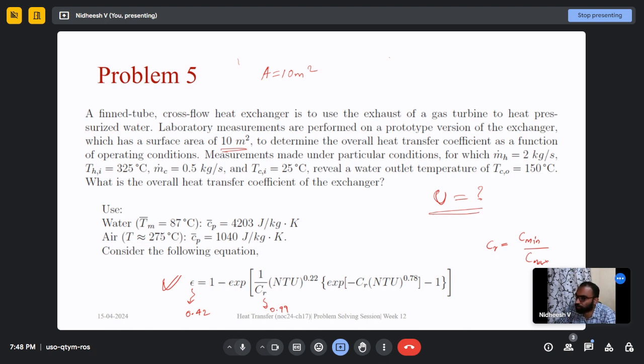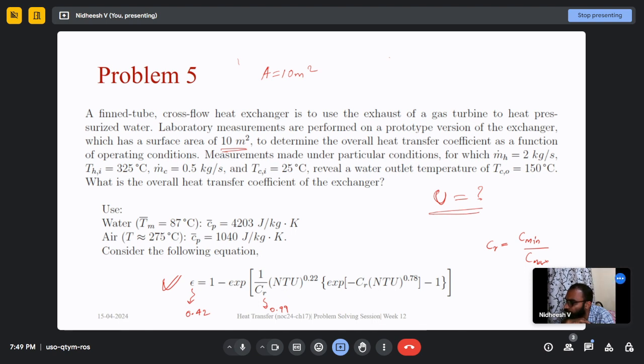Yes, you are right. It has both inside and outside also exponential terms.